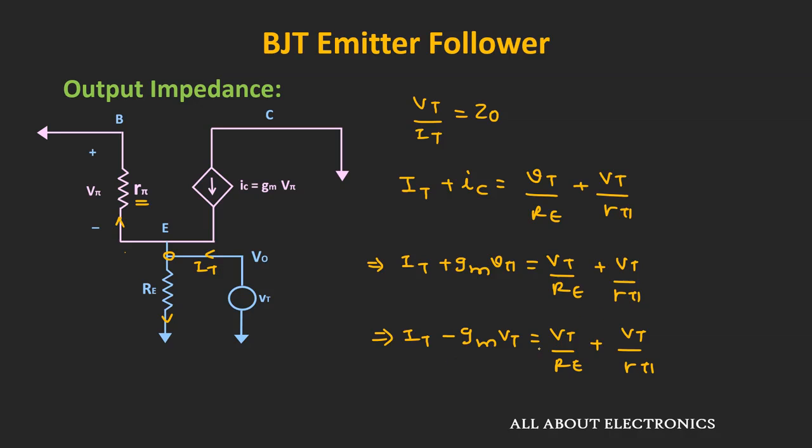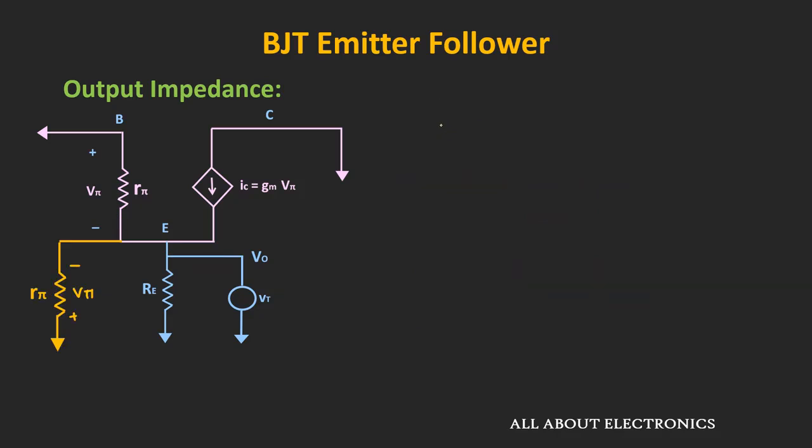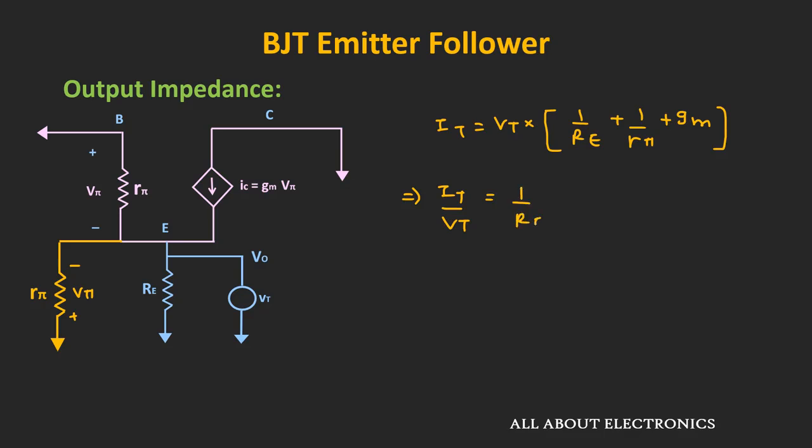So if we bring this term on the right hand side, then we can write this expression as current It is equal to Vt times (1 divided by Re plus 1 divided by R pi plus Gm). Or we can say that It divided by Vt is equal to 1 divided by Re plus 1 divided by R pi plus Gm.